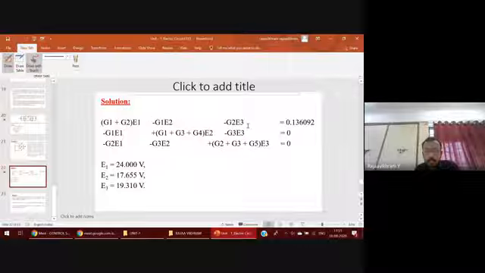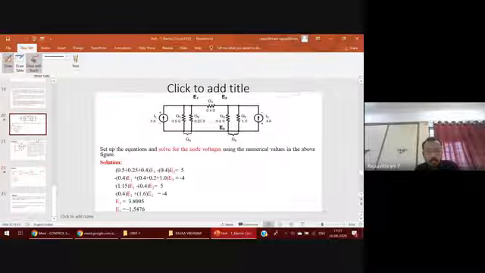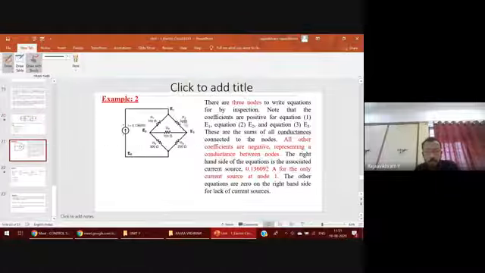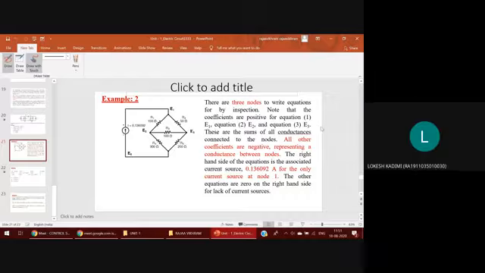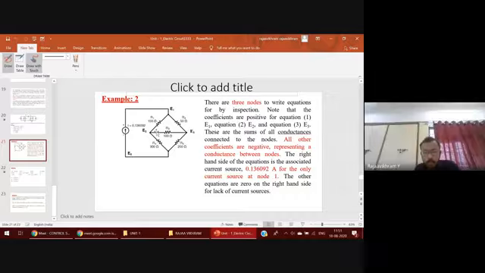See, I have already given the mesh equation. First you have to consider there are 3 nodes: E1, E2, E3. First you have to consider this loop.